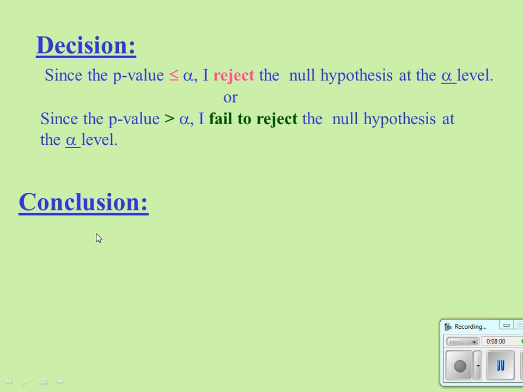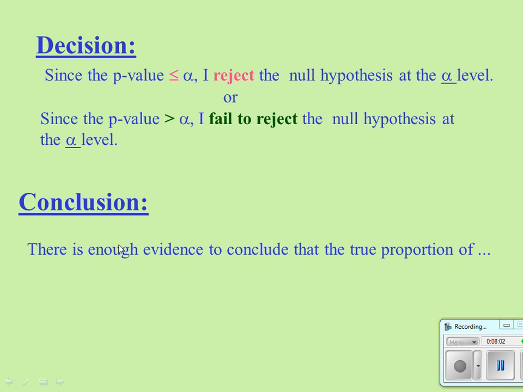Then you write your conclusion, and they correlate well with one another. If your p-value is less than or equal to alpha, where you reject the null hypothesis, meaning your alternative hypothesis is valid, then there is enough evidence to conclude that the true proportion of blah, blah, blah. This is what I'm looking for.